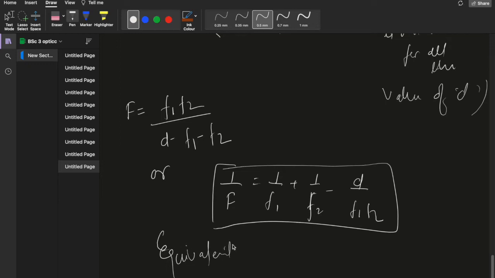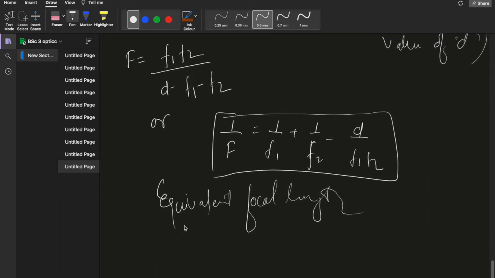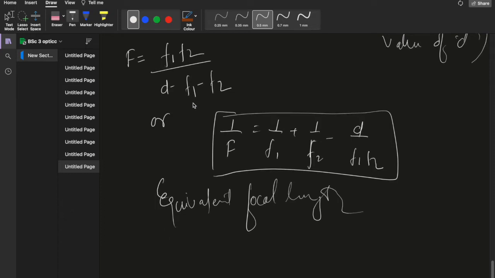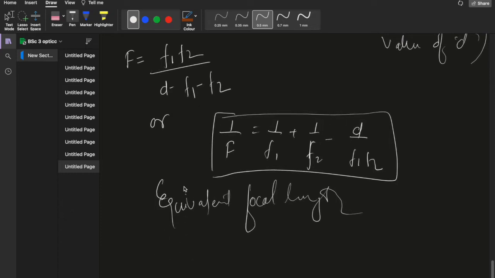On simplification, if we have to calculate the value of F1 F2, we get F1 plus F2 minus D, which is again F1 F2 upon capital F.